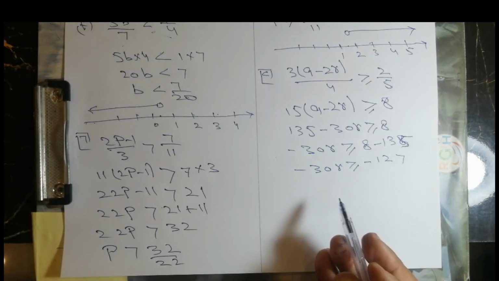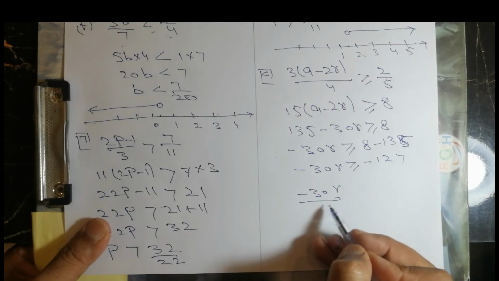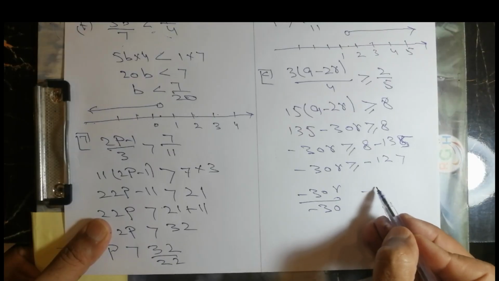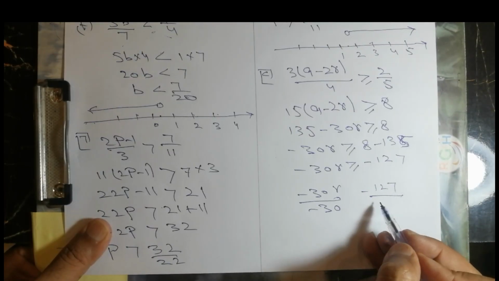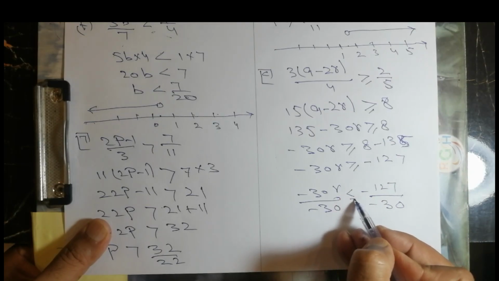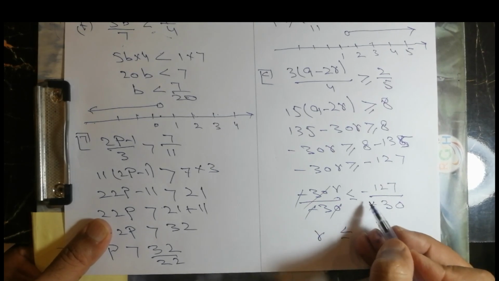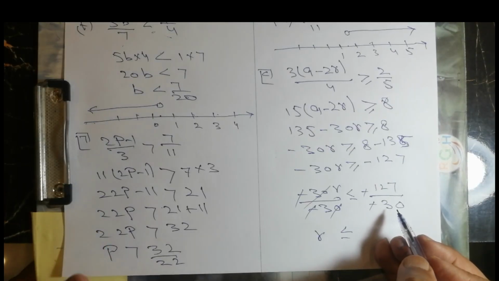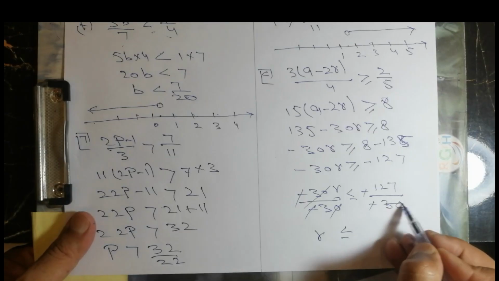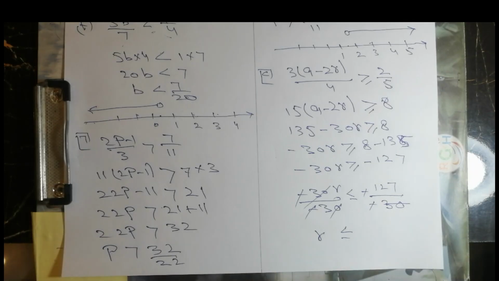Now divide both sides by minus 30, so minus 30r over minus 30 and minus 127 over minus 30. The sign will flip, so r is less than or equal to, the minuses cancel, 127 by 30.